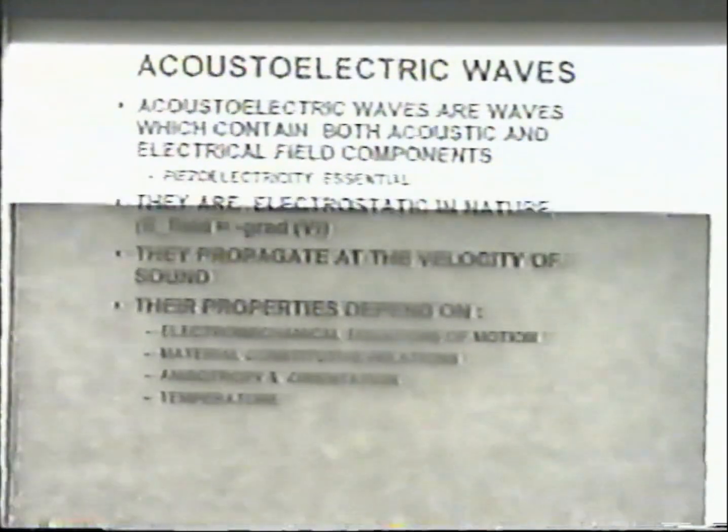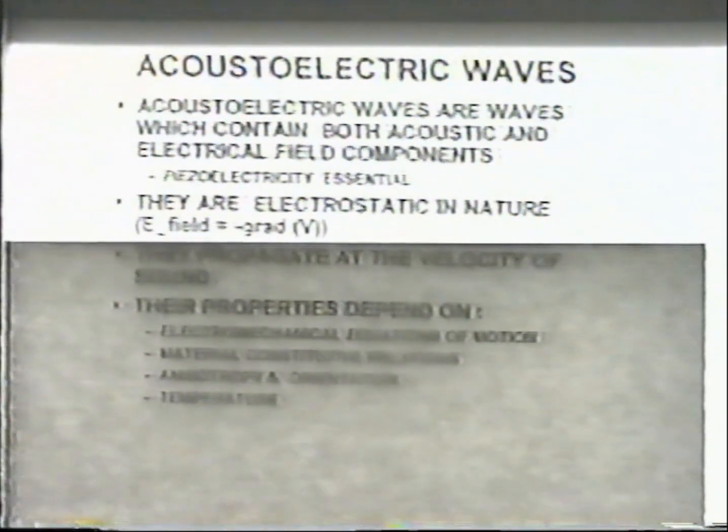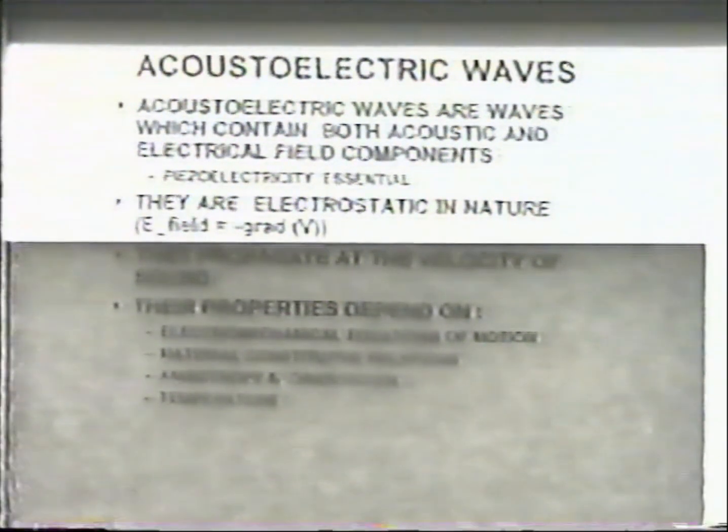A thing which is very important with respect to the acoustoelectric waves, in the sense that these are sound waves, the electric field components which are part of this wave are propagating with the velocity of sound. We don't have an electromagnetic velocity. Everything, it's one wave, it's a unity, and it propagates with a specific velocity, and it's very close to the velocity of sound.